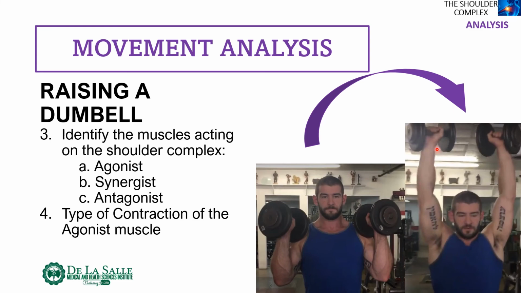Now, if the patient has to lower the weight from this position, going back to this position, it is still your shoulder flexors that are contracting, but this time eccentrically. So it is a controlled movement of the shoulder from the flexed position to neutral.